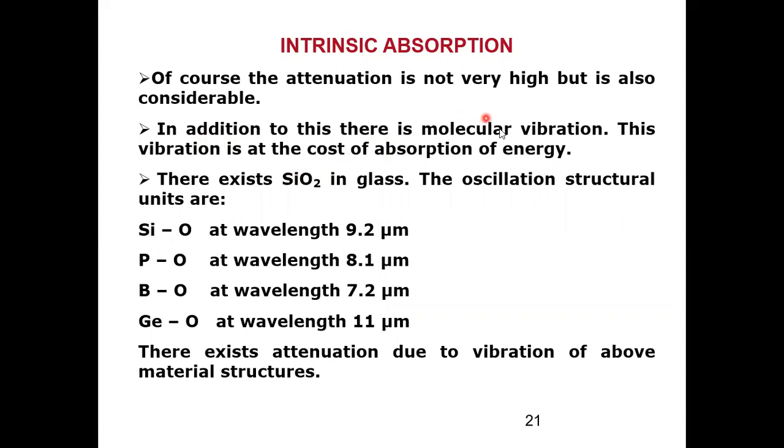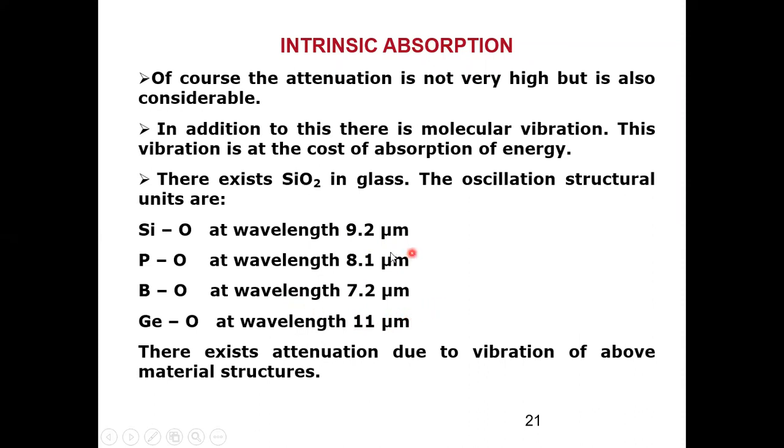In addition to this, there is a molecular vibration, and any vibration, or you can call it oscillation, will happen at the cost of absorption of energy. Here they have specified some wavelengths at which the oscillation takes place. You might get all these figures, and some of them are in my slides: 9.2, 8.1, 7.2, 11, and also 1400.